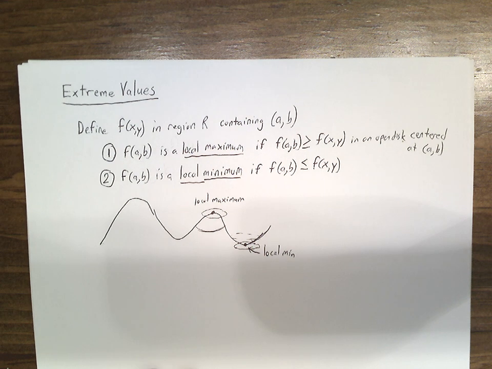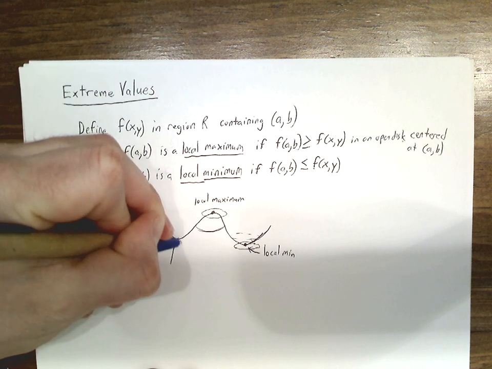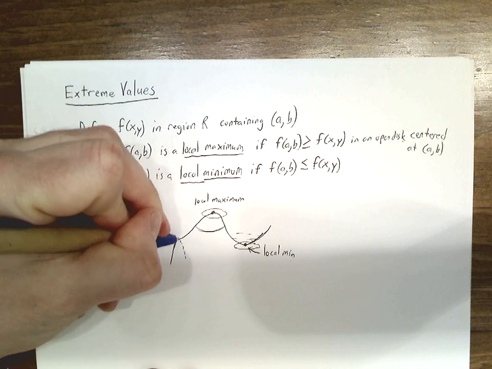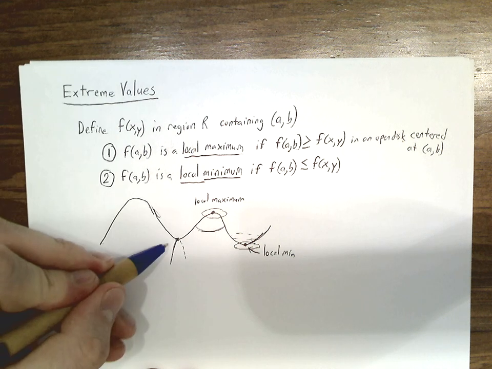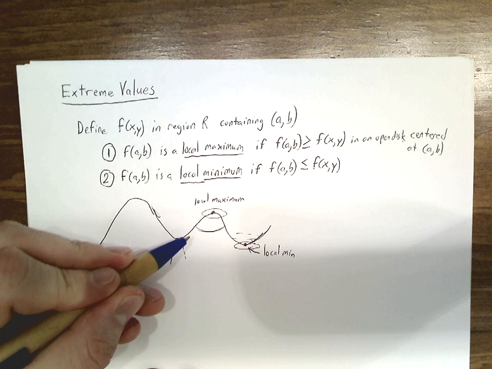We can also, in this new three-dimensional world, have a point that looks like a local min, but if I look at the contour here, it turns out that if I take a step to the left or the right, I end up going higher than I started.